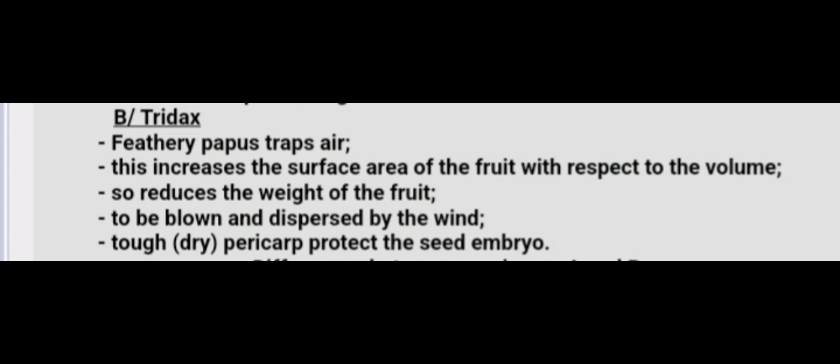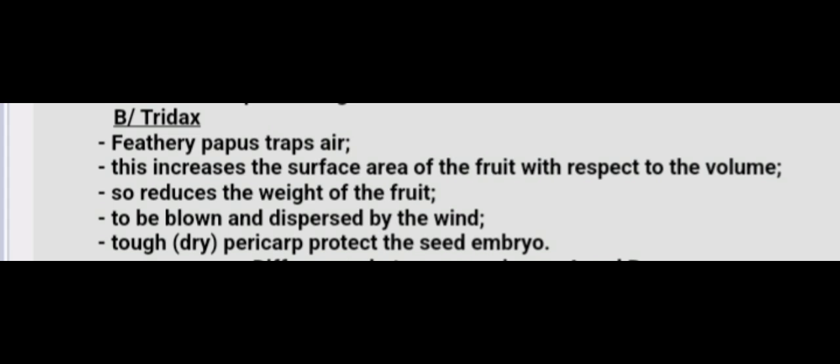has a feathery structure that traps air, and it increases the surface area of the fruit with respect to the volume, so it reduces the weight of the fruit. It is dispersed by wind. All right, it has a tough or dry pericarp that protects the seed embryo. Okay, so dry pericarp, hairy epicarp, pappus present, calyx is on top of the fruit.